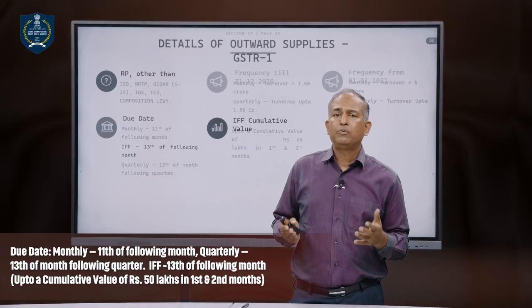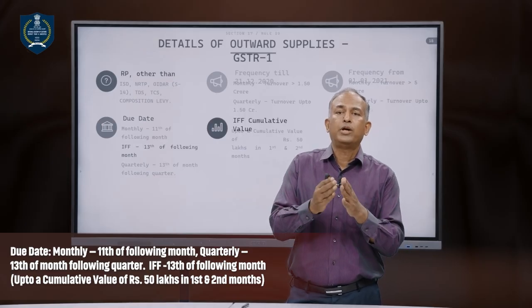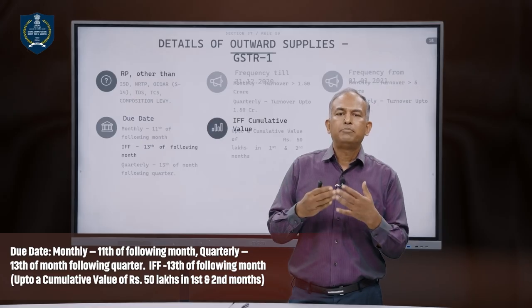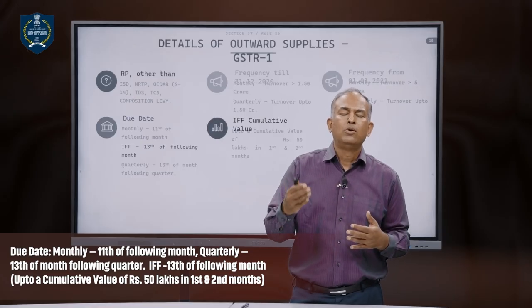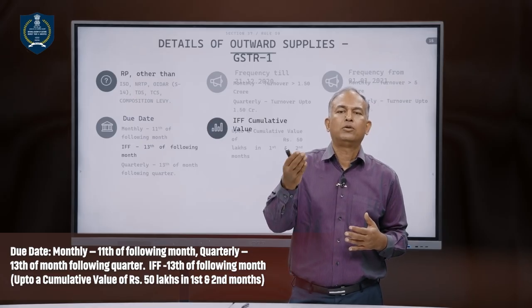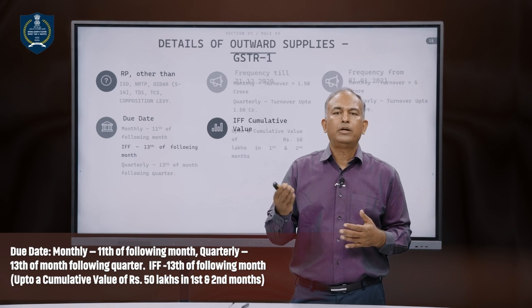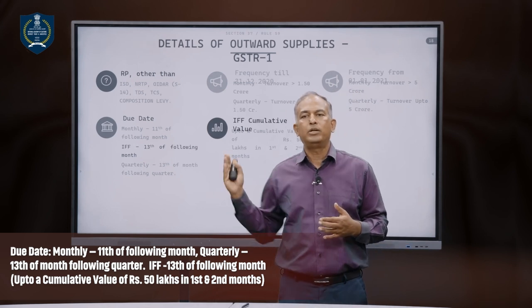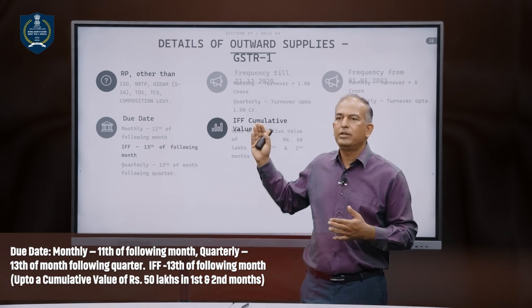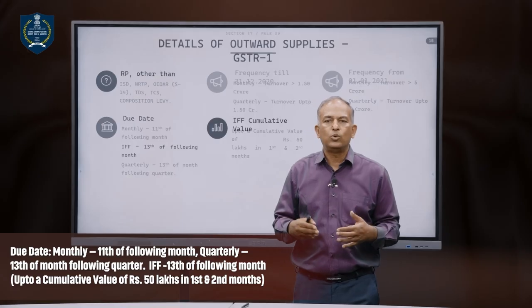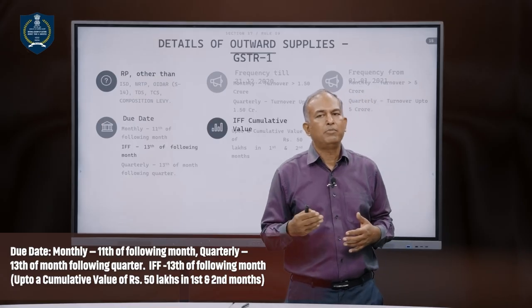Now, what happens to the first 2 months of the quarter, that is for January and February? He has made supplies to registered persons who want to take credit in the same month of January and February. So there is an option that is provided from 1/1/2021, when this scheme called QRMP, or the quarterly return monthly payment scheme, came into effect.